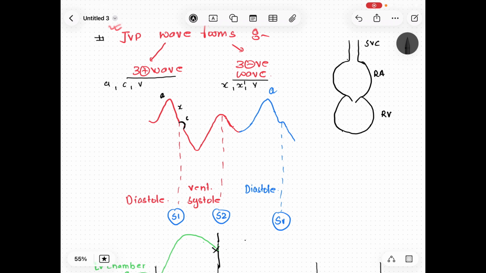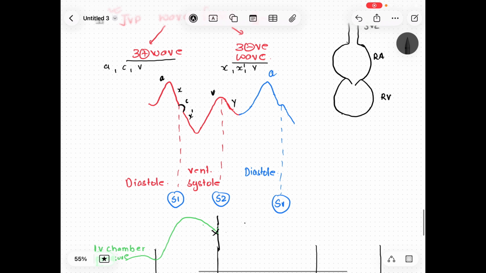After C wave, there is again a descent, called X prime descent. Now again there is a positive wave, which is called V wave, and there is a descent after V wave, which is called Y descent.